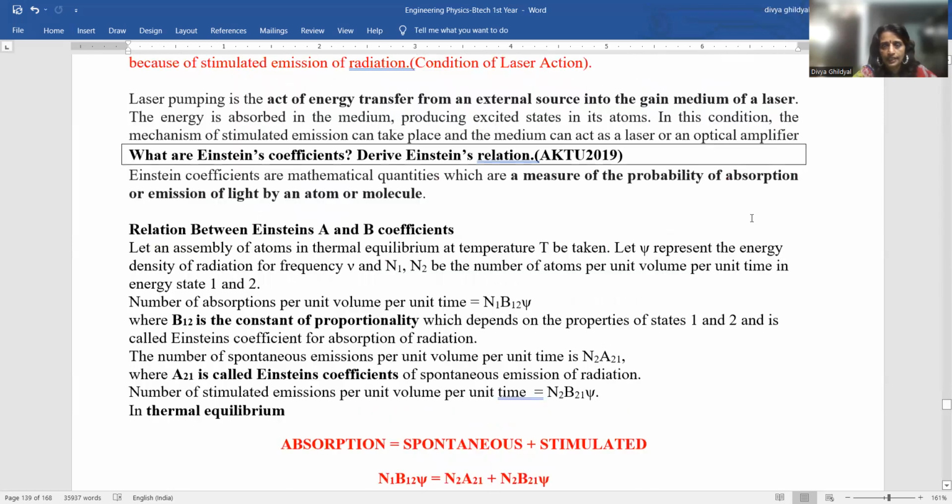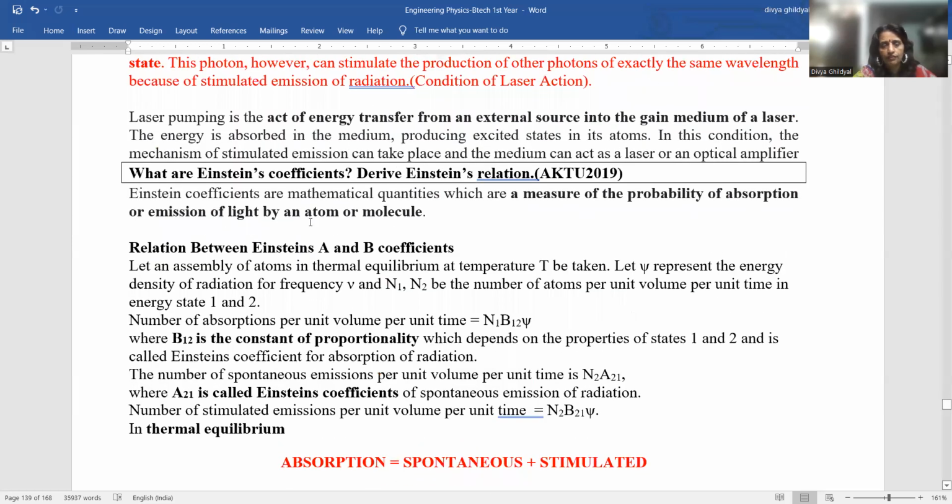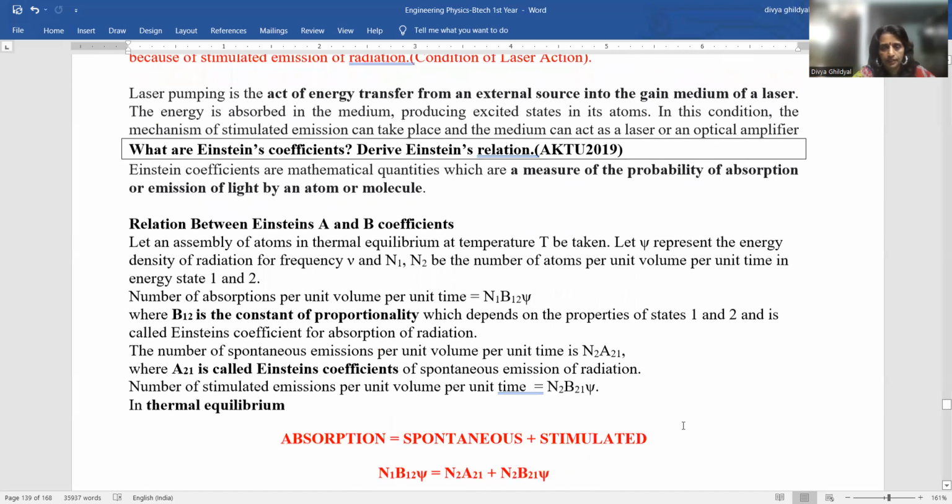So the famous scientist Einstein gave a very simple mathematical relationship between these two processes. Einstein's coefficients are mathematical quantities which are a measure of the probability of absorption or emission of light by an atom or molecule. I will explain this in very simple terms.